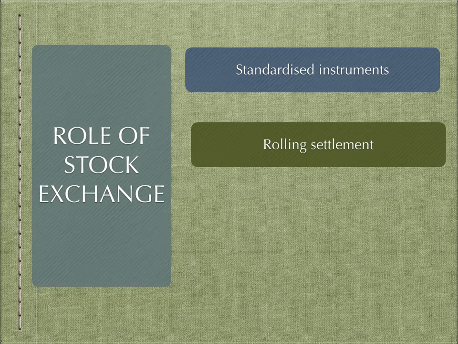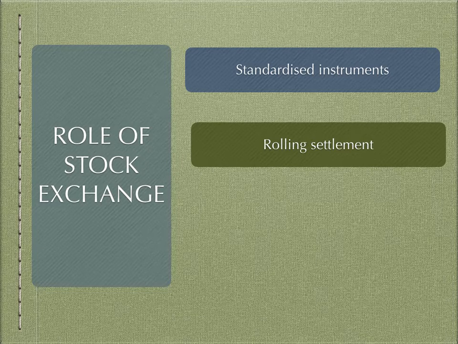The stock exchange also does rolling settlements. Rolling settlement means every T+1 or T+2 is the standardized rolling settlement across stock exchanges. T+1 means trade date plus 1 working day. T+2 means trade date plus 2 working days within which settlement has to take place. So in an STO environment, functions are segregated according to trading, risk control and settlements.